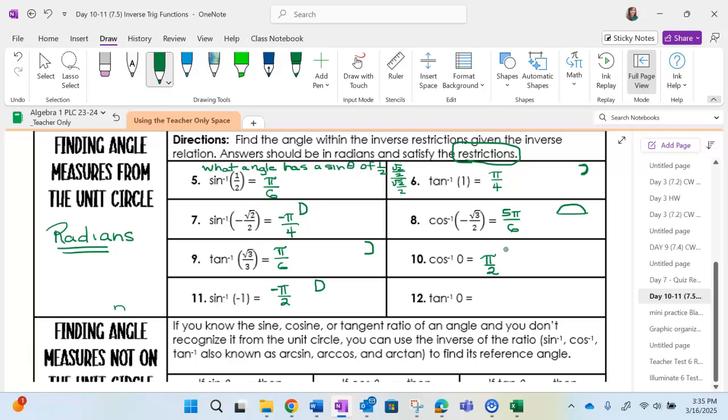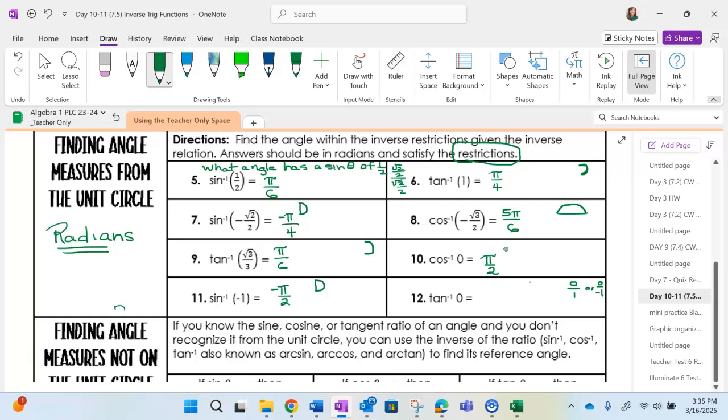All right, number 12 was the one I was doing before, and I apologize. In order for a tangent to have a 0, it would have to have, in this case, in the unit circle, a 0 over something in the denominator, which would either be a 1 or it could be 0 over -1.